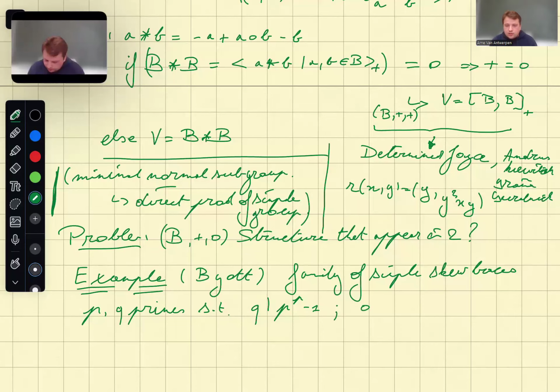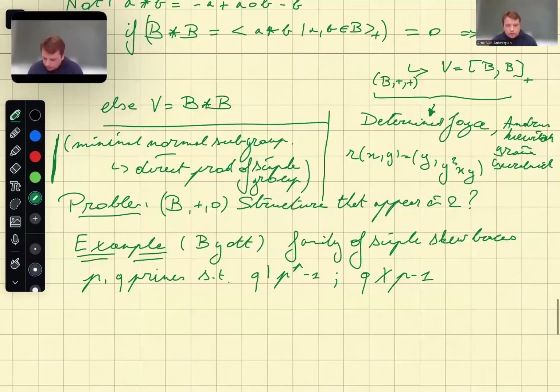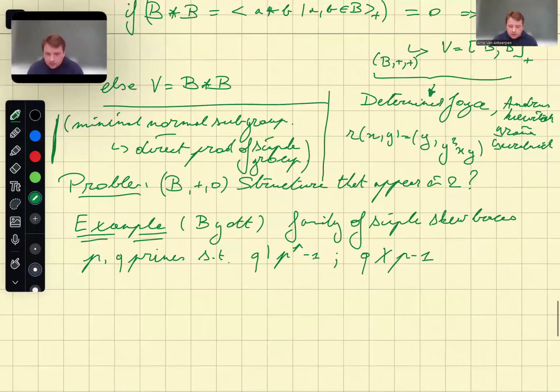You can check that, but they grow very, very fast, the q and the p. What can you then see? Well, if you look at the order p to the p, q, there are only 3 non-isomorphic groups of this order.